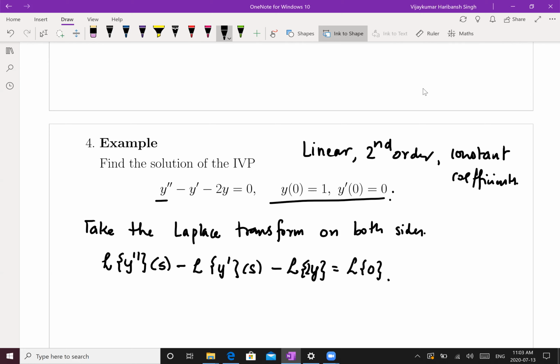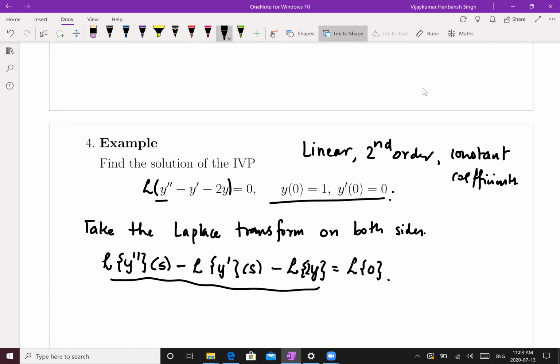Now, why is this true? The linearity of the Laplace transform tells you that you can break it. The Laplace transform of this is going to be the Laplace transform of this, right? And the linearity comes from the linearity of the integral. After all, the Laplace transform is an integral, right?